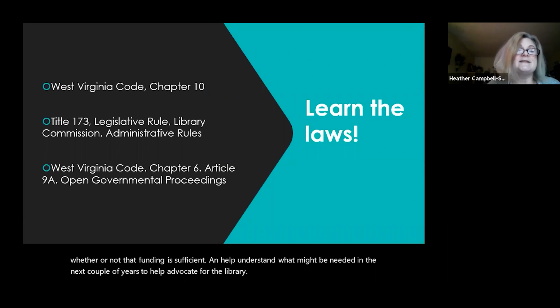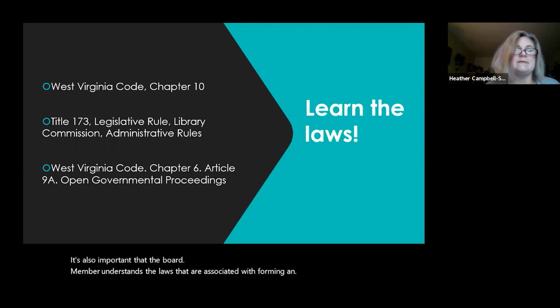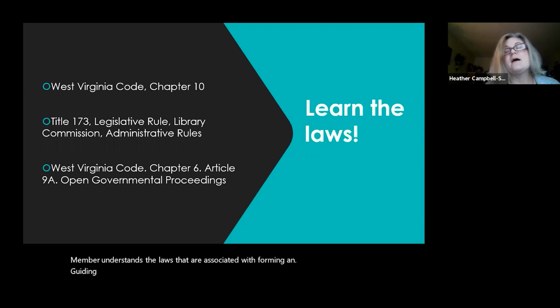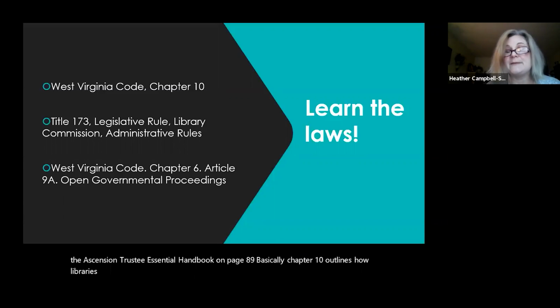It's also important that the board member understands the laws that are associated with forming and guiding public libraries. The West Virginia Code, also known as Chapter 10, is available in the Trustee Essential Handbook on page 89. Basically, Chapter 10 outlines how libraries are formed in West Virginia, how the Library Commission is formed and its duties.